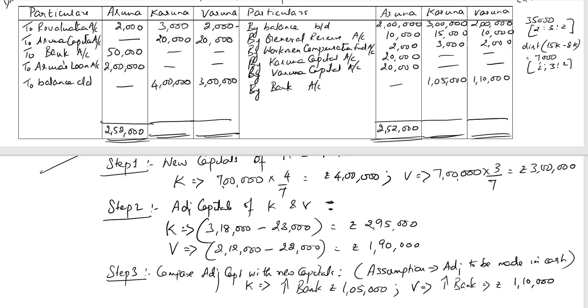The total of credit side in the case of Karuna is 4,23,000 and the total of the debit side is also 4,23,000. In the case of Varuna, the total of the credit side is 3,22,000. The total of the debit side is also 3,22,000. So these are the partners' capital accounts.